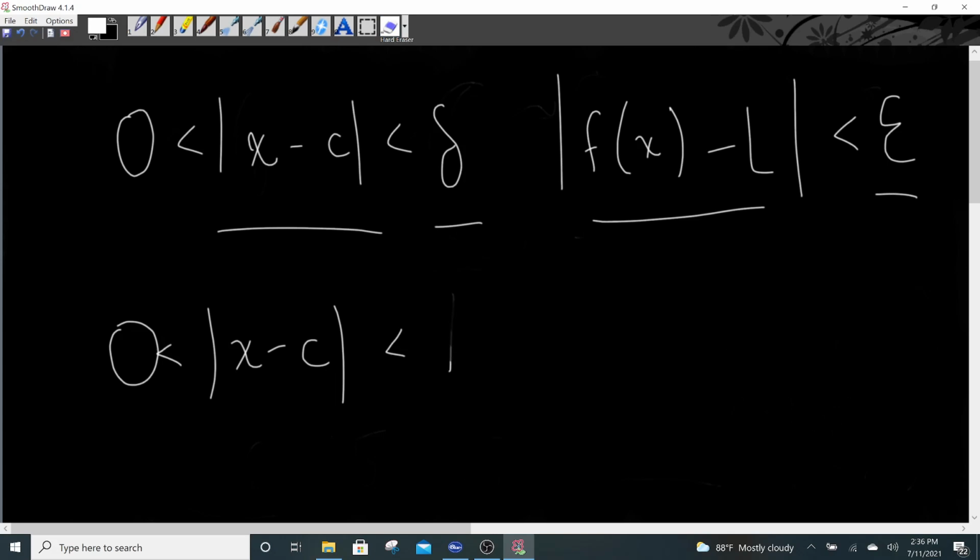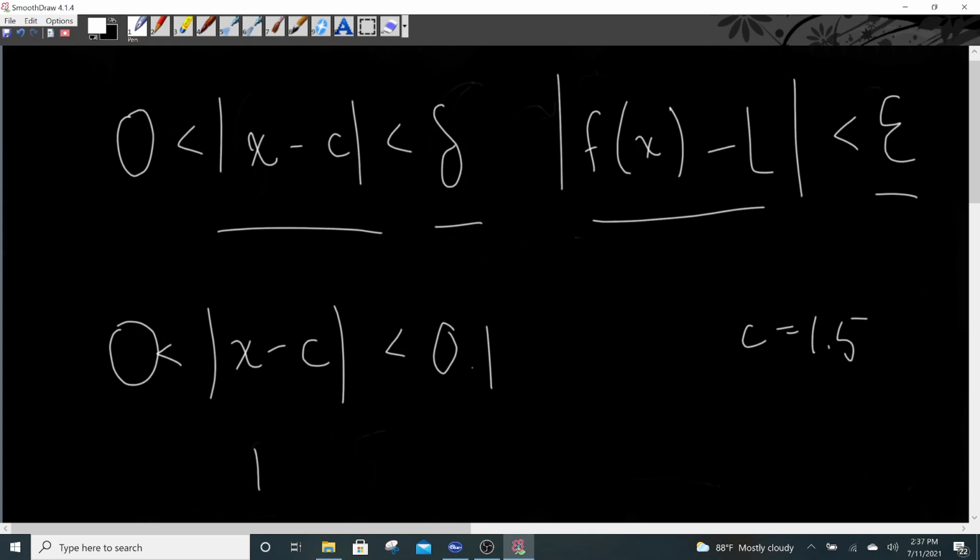But if we were to decrease delta even further, let's say 0.1. We still have our c equal to 1.5, but what absolute value minus 1.5 would be less than 0.1? We can't use 1.6 because that would be exactly 0.1.